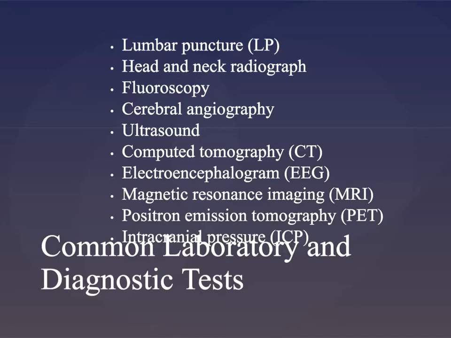But you can also look for swelling, fluid buildup, things along those lines. Computed tomography, or CT, is one of those non-invasive x-rays that looks at tissue density and structures. If you've seen a CT before, it's giving you slices of the brain or slices of the part of the body they're looking at.